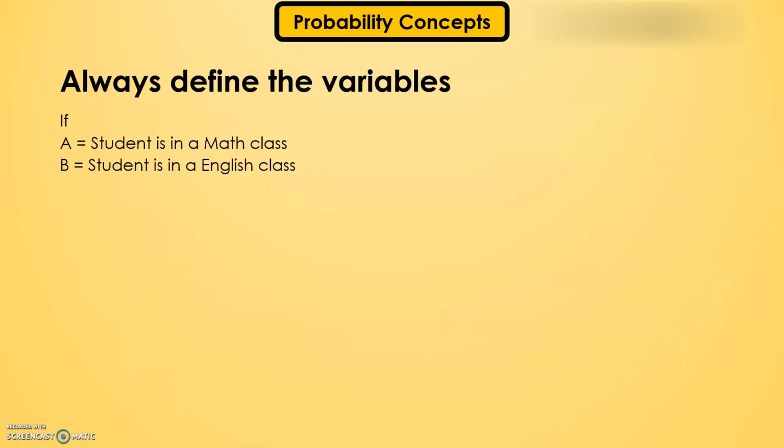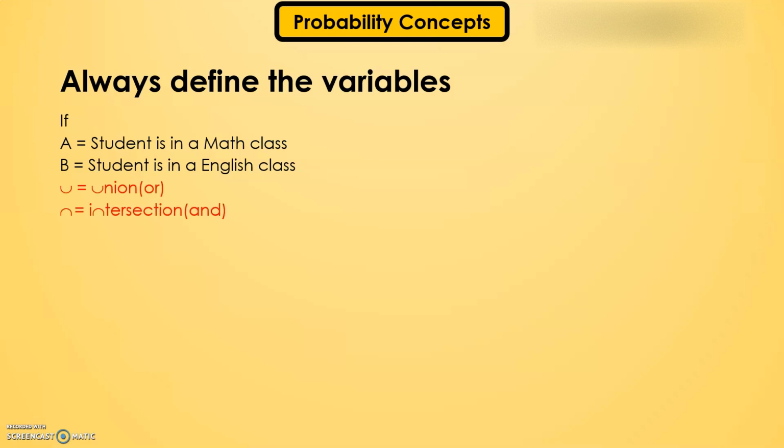So, first thing we need to do is define variables. In generally a lot of the examples we give, we use A and B. So each of those represent a variable. So we've got a question here. The variable A is looking whether a student's in a maths class. B is whether a student is in an English class.